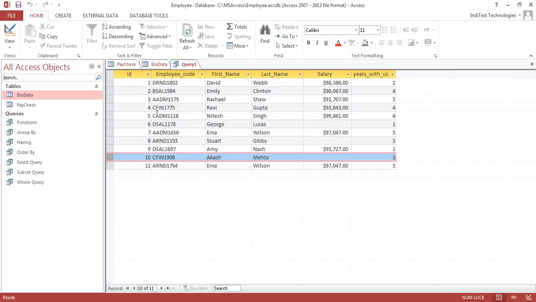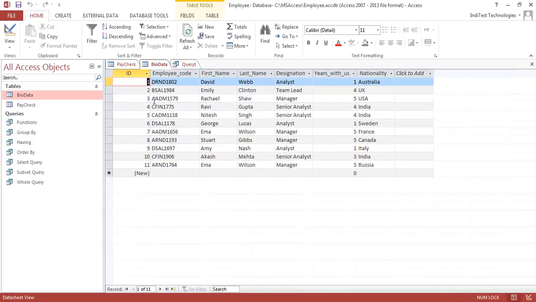Another thing that you would notice is that although every field here is filled up, the salary field has missing values for the 6th row, the 8th row, and the 10th row. And the reason behind this is that when it performed the left join between the biodata and the paycheck tables, it went on to look for the values of this employee code in paycheck.